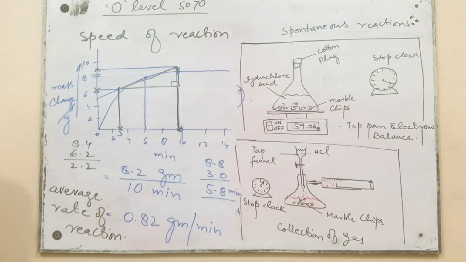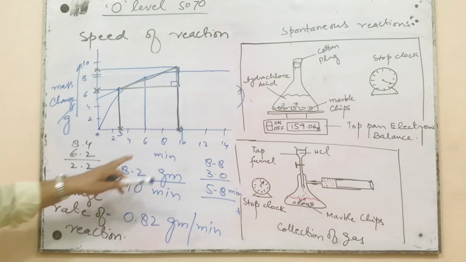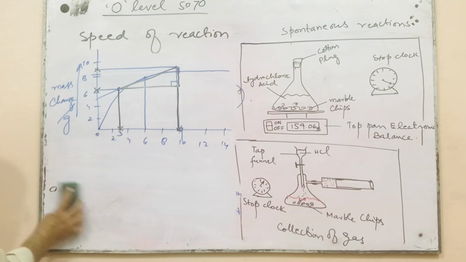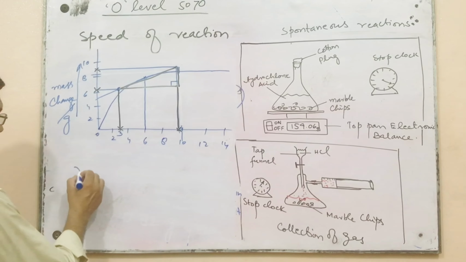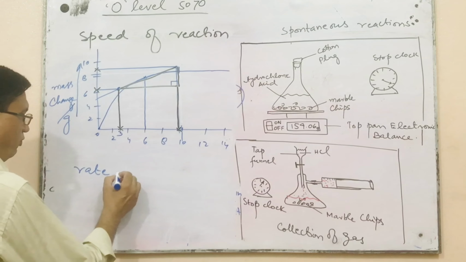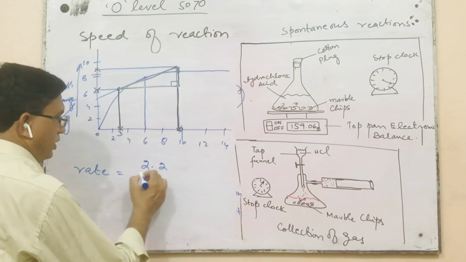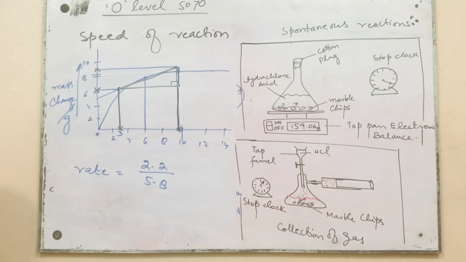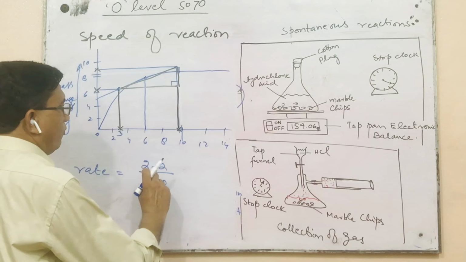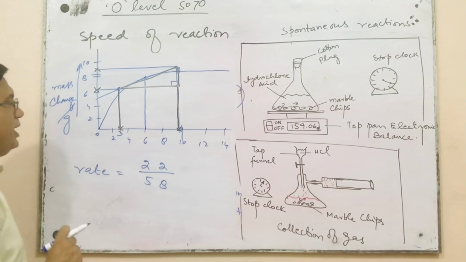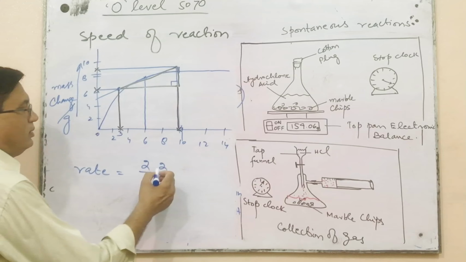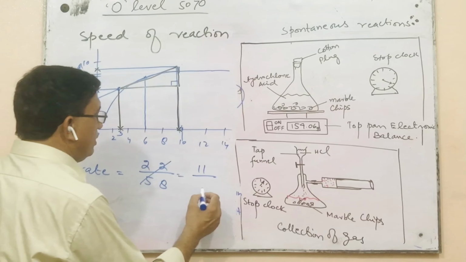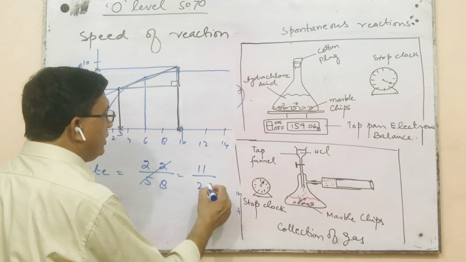Now, the rate of reaction at the time 6 minutes will be 2.2 divided by 5.8. By calculating, we can easily find out, for example, removing both of these decimals and then simplifying, this will become 11 by 29.